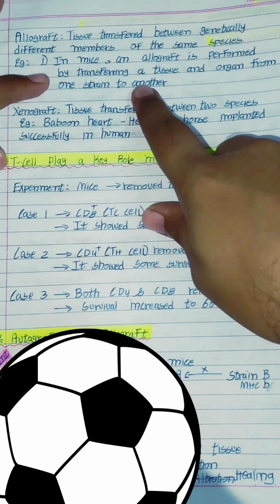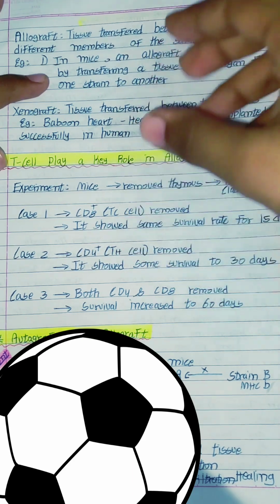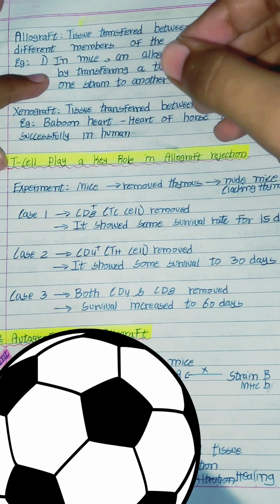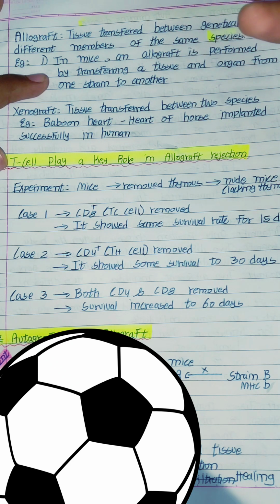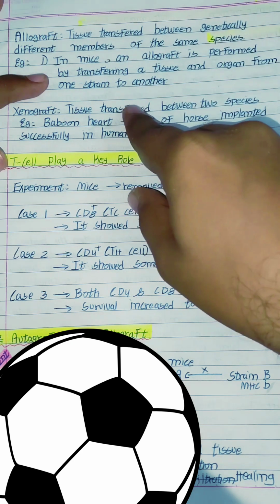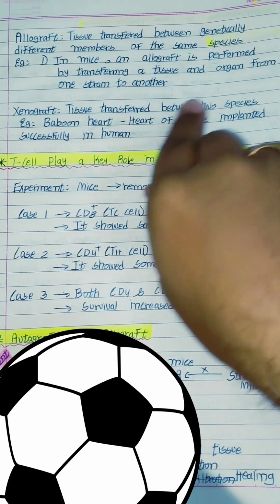Now the strain is a subtype of species. In the classification criteria, after the species there is the strain, and after the strain there is the strain number.